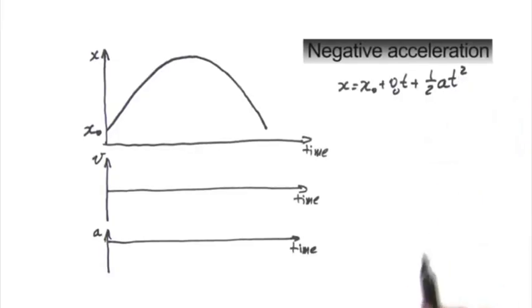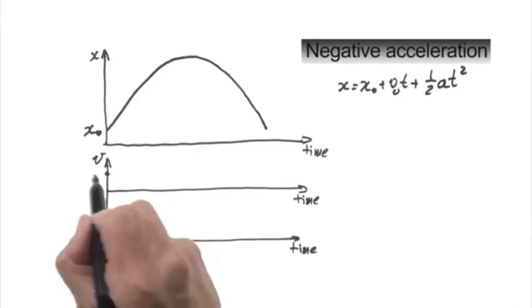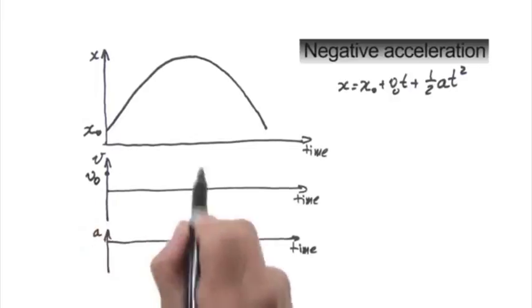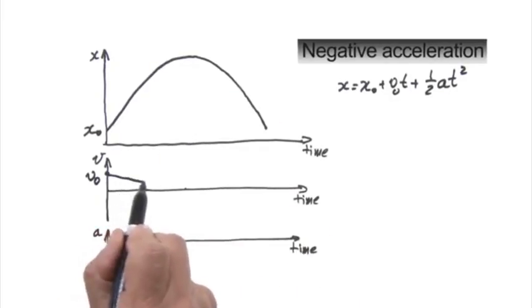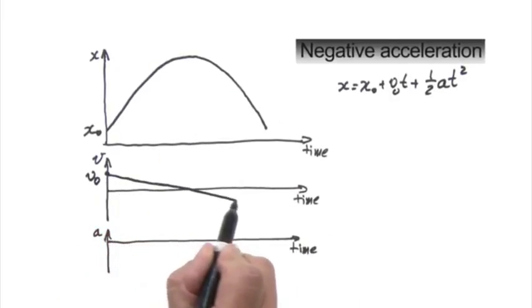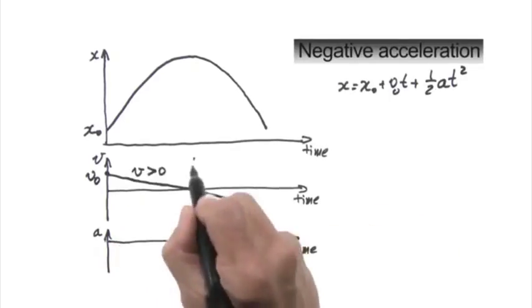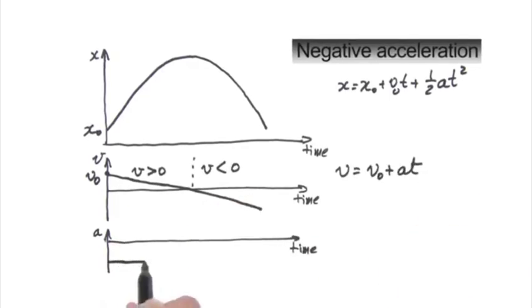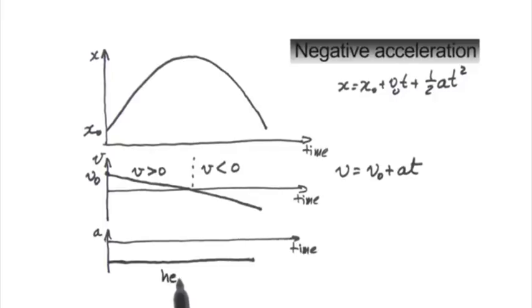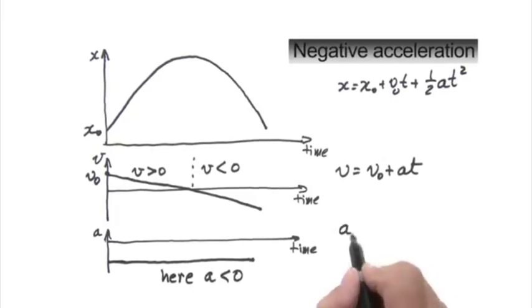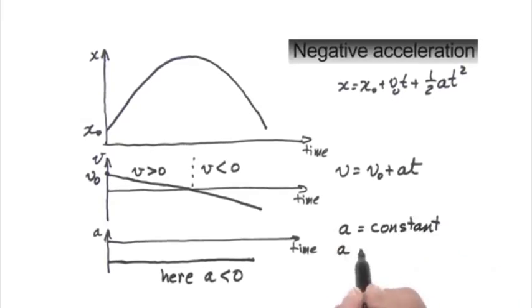To get the velocity, we look at the slope of the displacement time graph. Initially, v is large and positive, but it decreases to 0 and then becomes negative. Finally, we look at the slope of v of t. Here it's negative and constant, so we have negative acceleration, which in this case is constant.